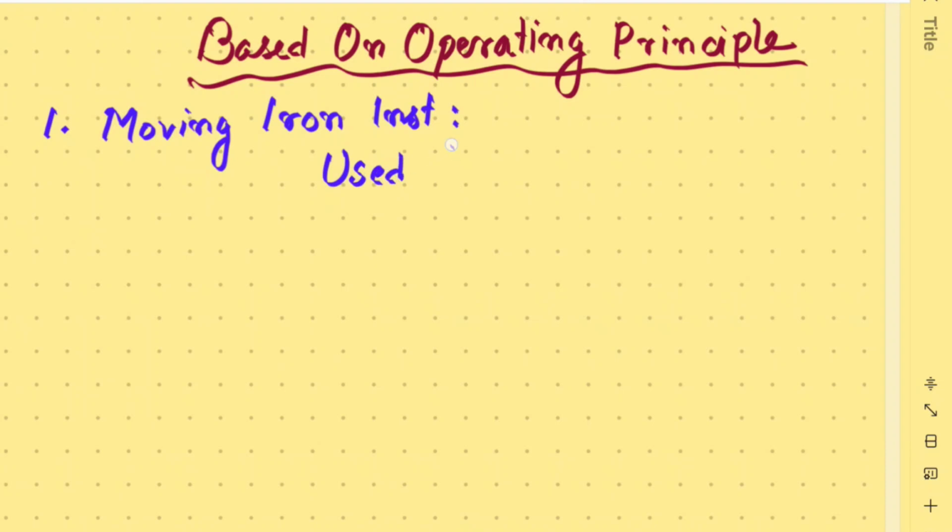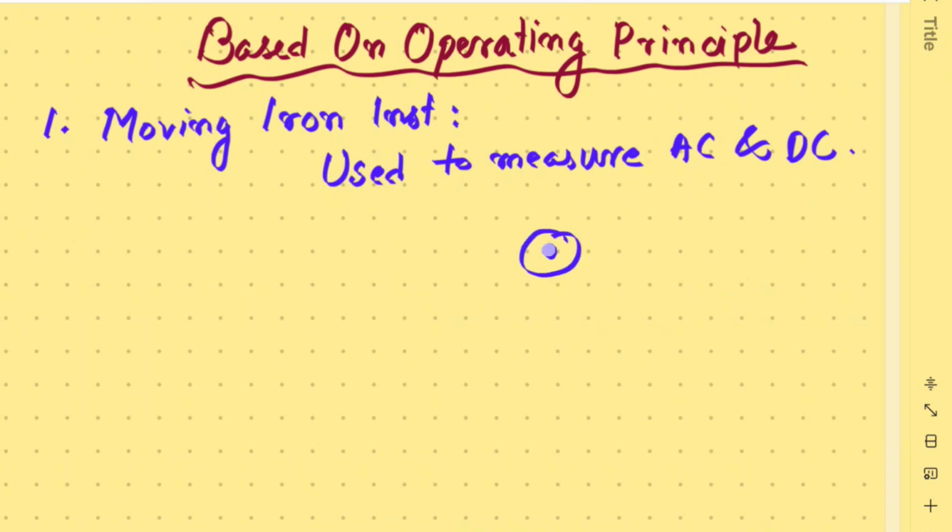Its basic principle is that there is a moving iron and one coil, and it works mainly on attraction and repulsion. With the moving iron, a pointer is connected, and this is the scale.